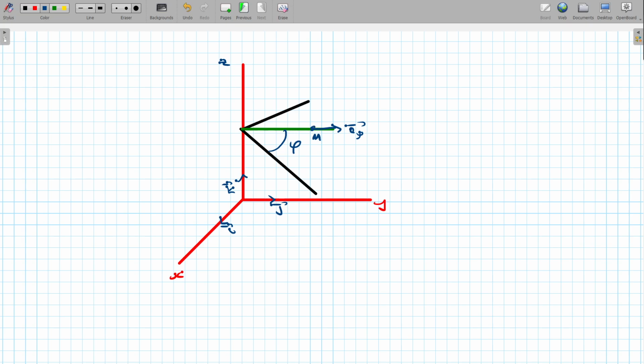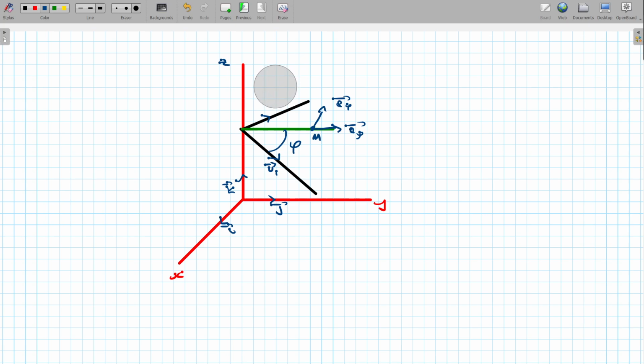Then according to the diagram, e_phi is in this direction. And then we have u2 here, and here we have u1, like so.